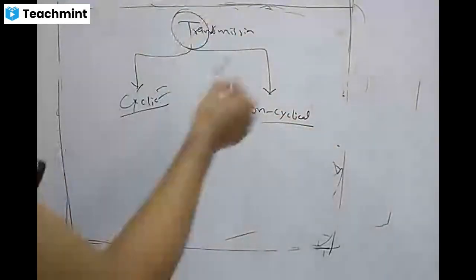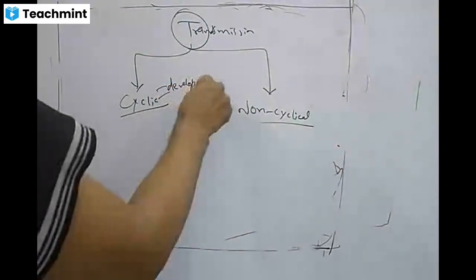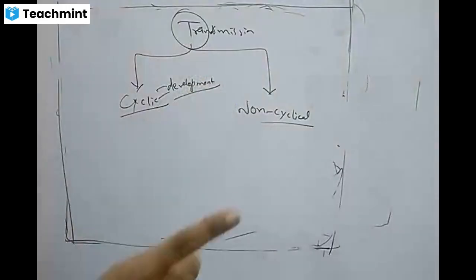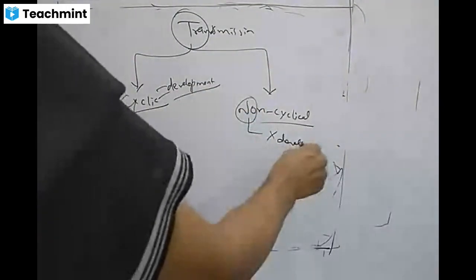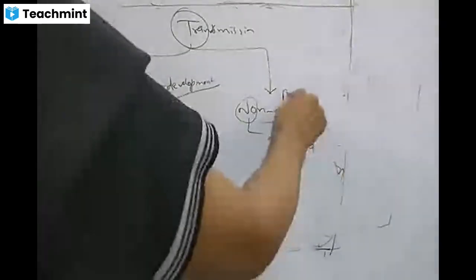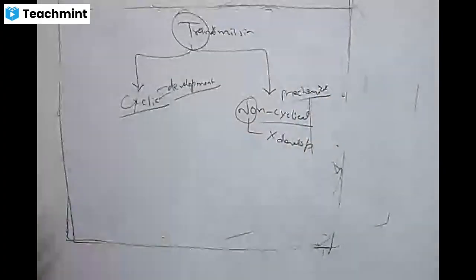Cyclical means inside the body of the vector there is development. Non-cyclical means no development, so we can say this is your mechanical. What is the meaning of this development?